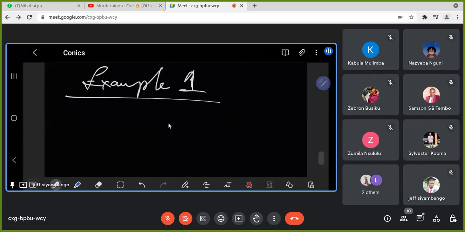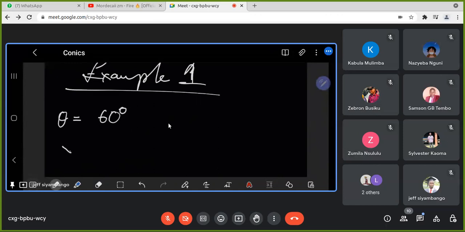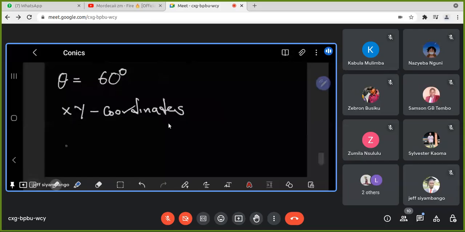Let's say we have the axes being rotated through an angle of 60 degrees. Can you find the x and y coordinates, in the new system, of a point whose x, y coordinates are 2, 6? I'll leave this one for you because I feel this is a little bit straightforward.